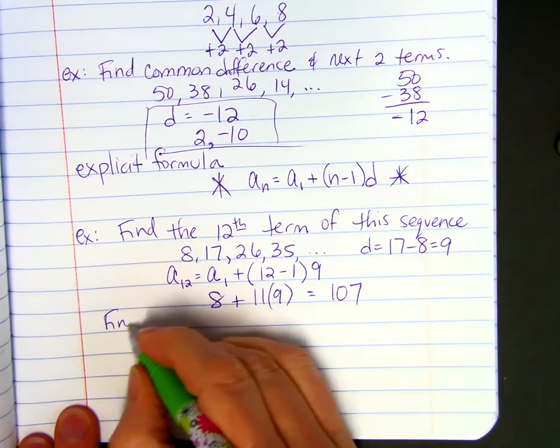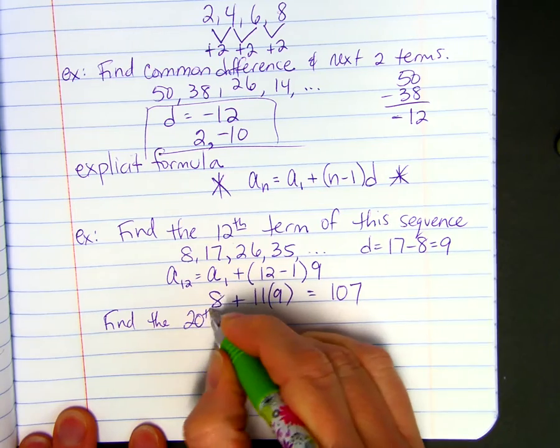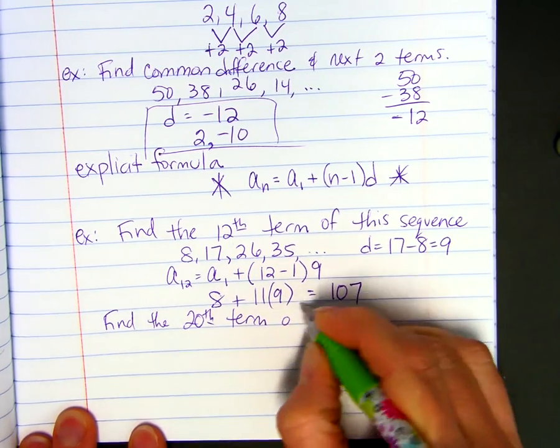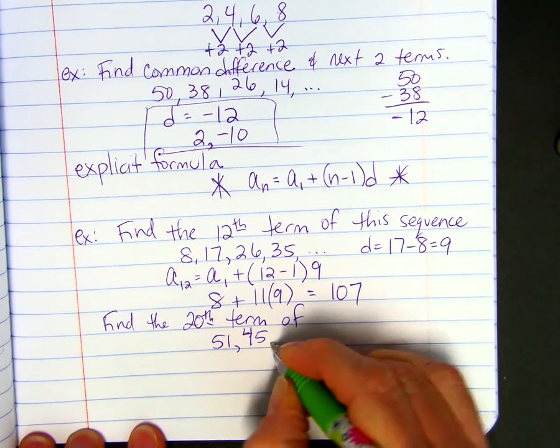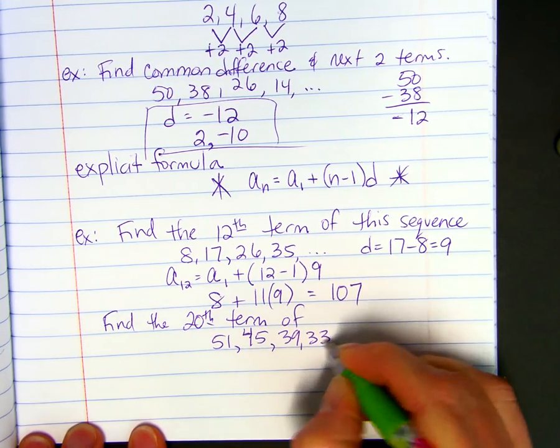And that would be the 12th term of that arithmetic sequence. Another example, find the 20th term of 51, 45, 39, 33, and so on.